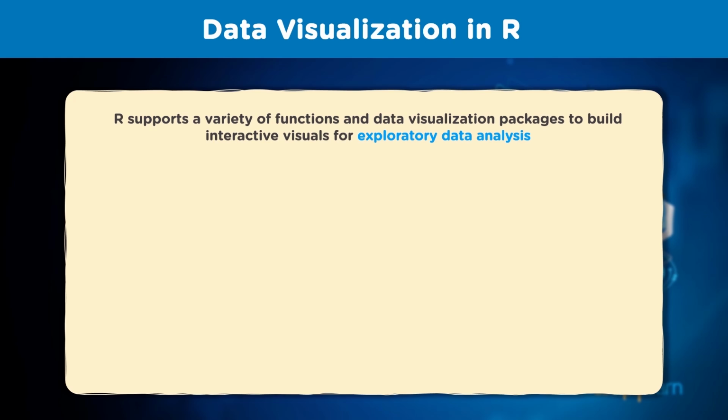So there are actually two types of data visualizations. You have exploratory data visualization, which helps us to understand the data, and then you have explanatory visualization, which helps us to share our understanding with others. So R provides various tools and packages to create data visualizations, which can be used for both kinds of visualizations.